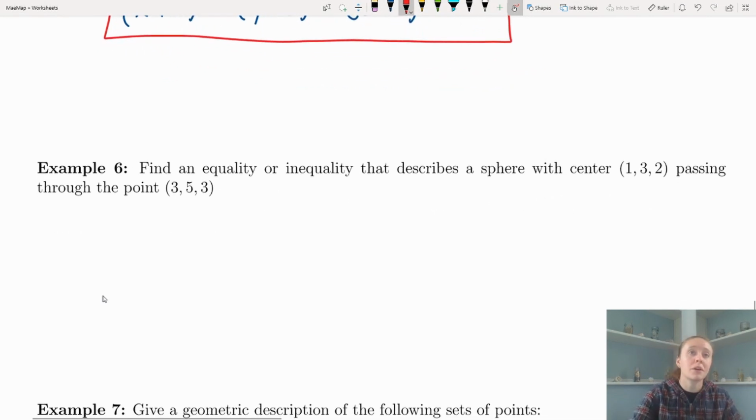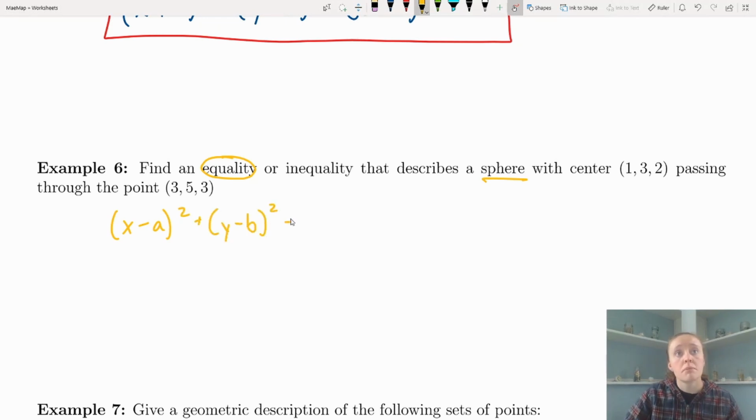In example 6, we're going to find an equality or an inequality that describes a sphere with center 1, 3, 2 passing through the point 3, 5, 3. So right away, we're describing a sphere, and a sphere is an equality. So we know we're going to be dealing with the equation x minus a squared plus y minus b squared plus z minus c squared equals, because we're dealing with a sphere that's an equality, r squared.